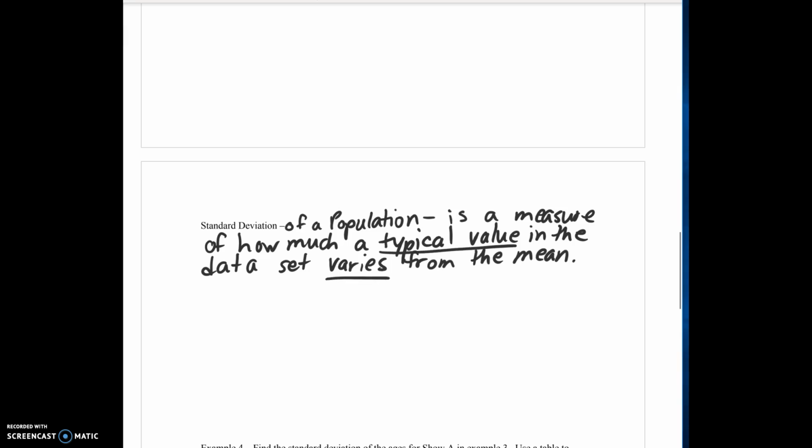I would just underline those two things. We have a symbol for this called sigma, and that's going to be for the population.